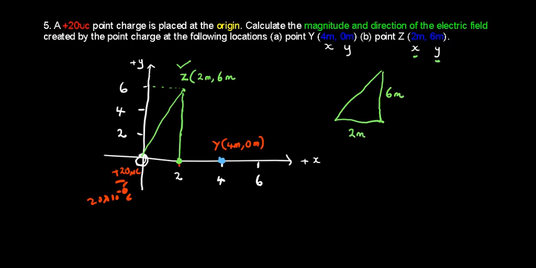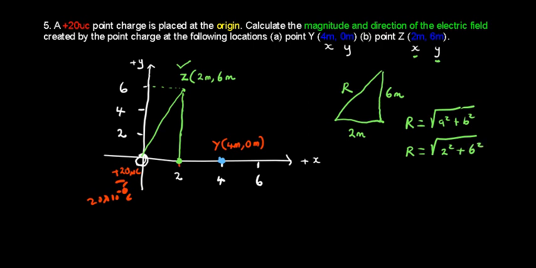So we are going to get our R, and for us to do that, we use Pythagoras theorem. It states that R is equal to the square root of A square plus B square. So let's put in our values. R will be equal to the square root of 2 square plus 6 square.